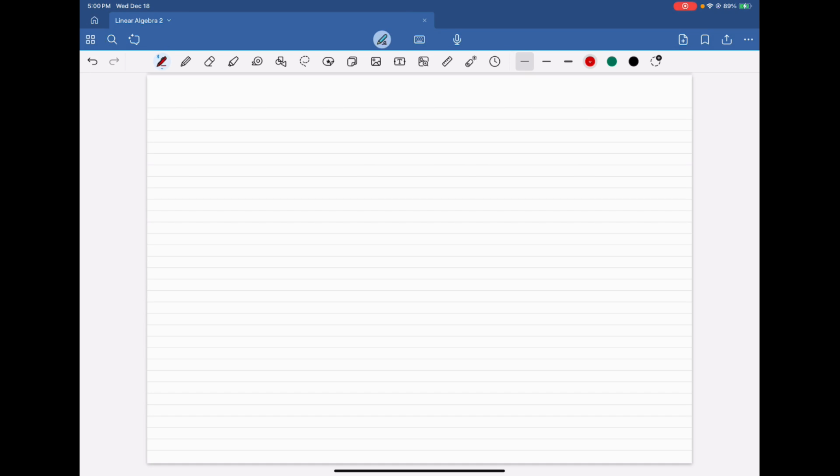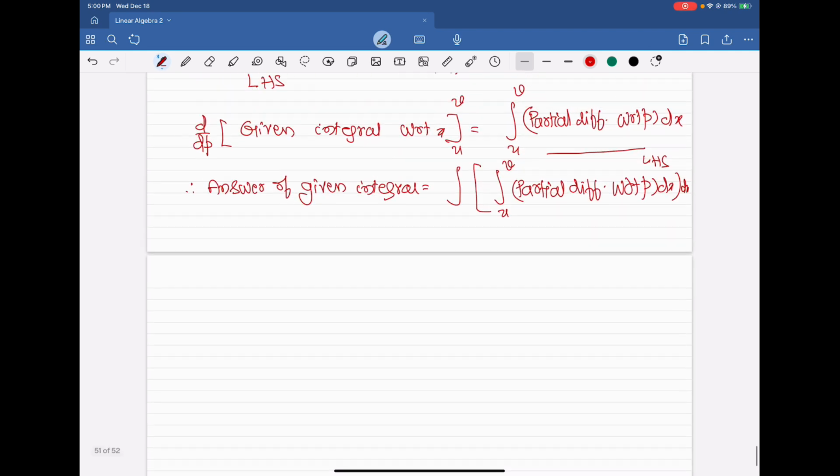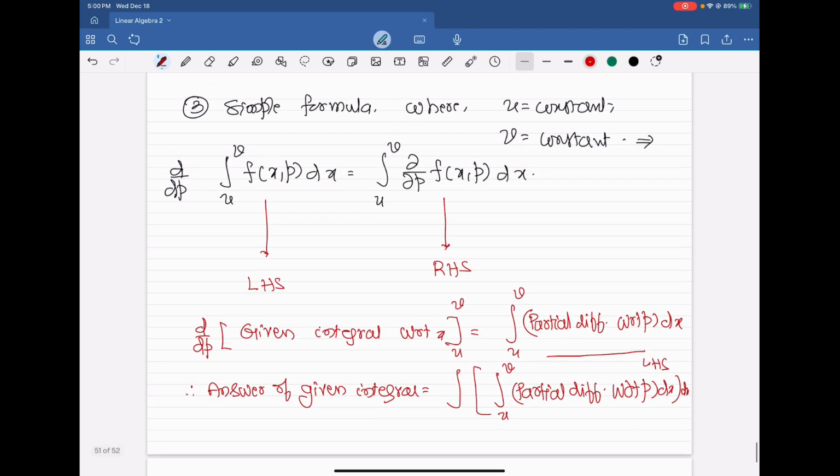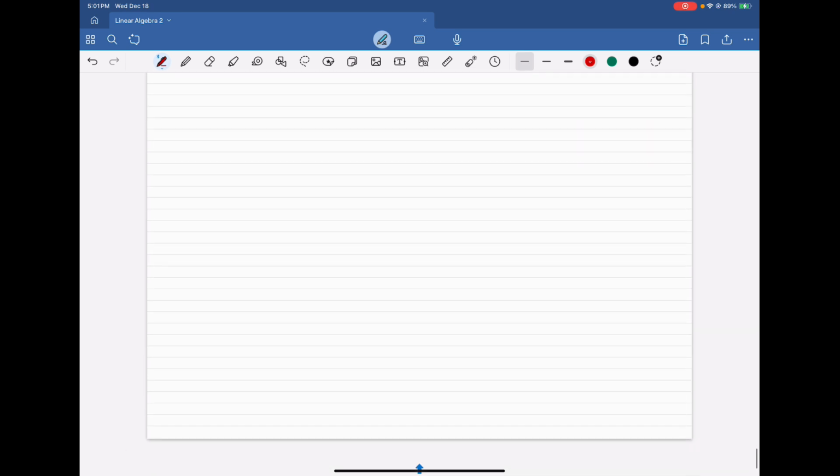Let us solve one simple question which involves our final assumption to get an answer for a given integral.